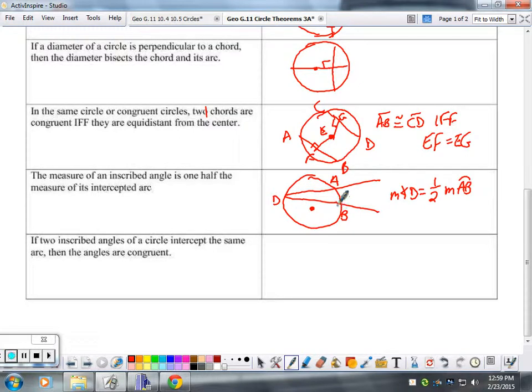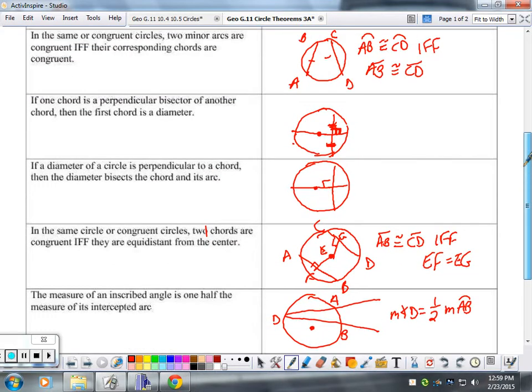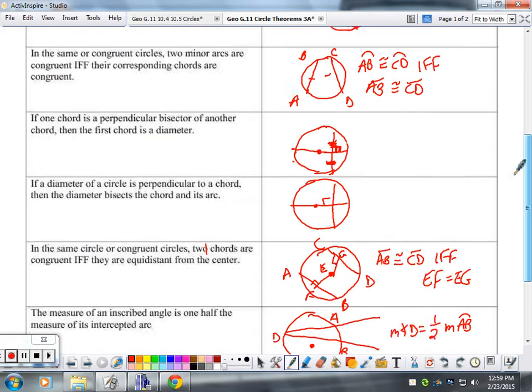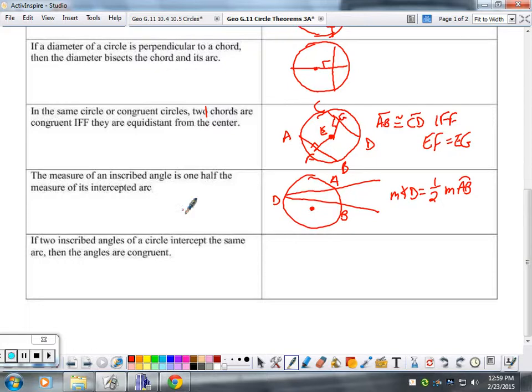Don't confuse this with the central angle theorem. A central angle, if you're at the center, then they're the same. If you're inscribed, you're half. Okay, so hopefully we got that picture in there.